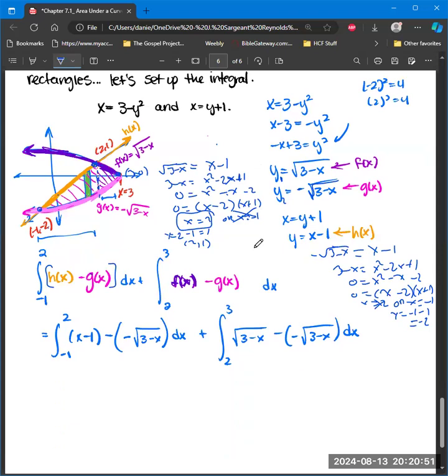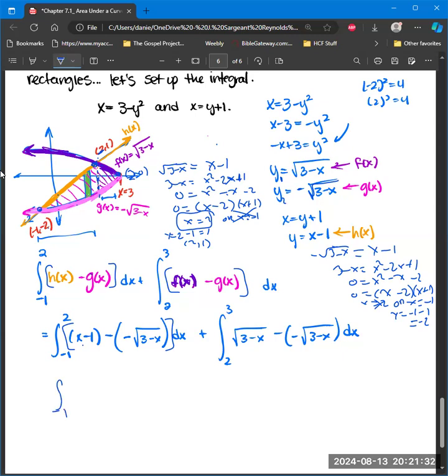So now we're going to go from x is negative 1 to x is 2, and we have h minus g dx. Then we're going to go from 2 to 3, and purple is f of x minus pink is g of x down here, dx. We'll set that up here: there's my h of x, that line, minus my g of x, this bottom half of the square root function.